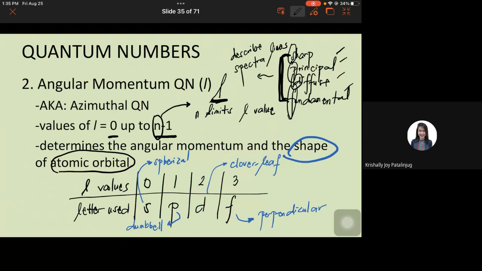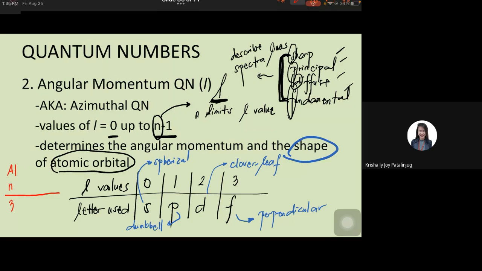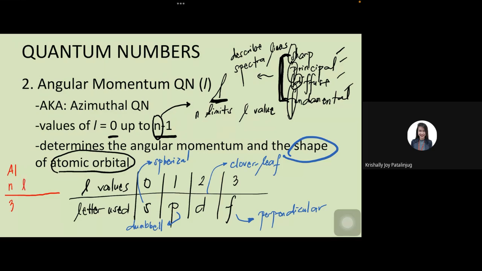All right, so let's determine how to identify values of the angular momentum quantum number. Let's use the example I provided earlier, aluminum. Let's recall, aluminum has an n value of 3. Now let's identify the L value.